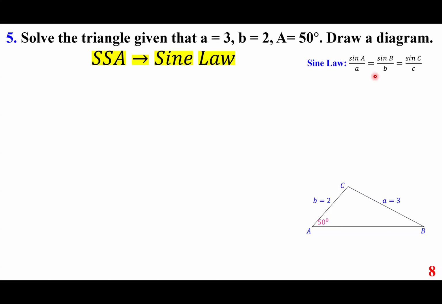So following the sine law, we can say sine of 50 degrees over 3 equals sine of B over 2, and sine of C over c or AB.